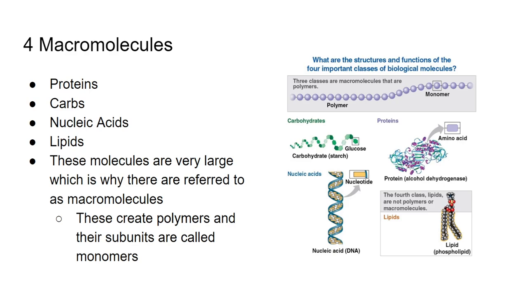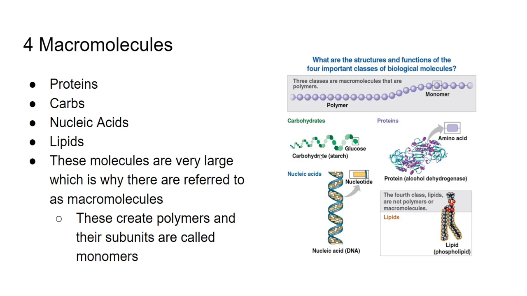These molecules are very large, hence the name macromolecules, and they create polymers, and their subunits are referred to as monomers. Looking at this image here, we can see that we have a long chain, which is referred to as a polymer, but this chain is made up of these small subunits referred to as monomers. The more of these monomers that join up make up a polymer.